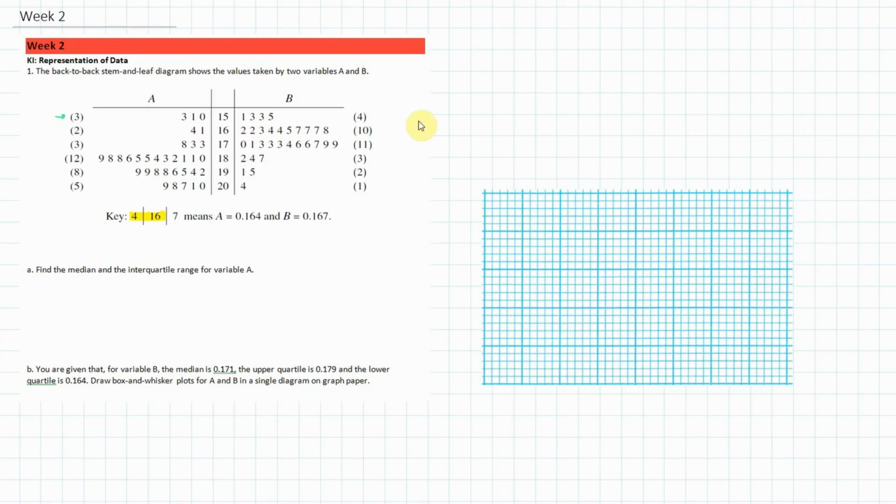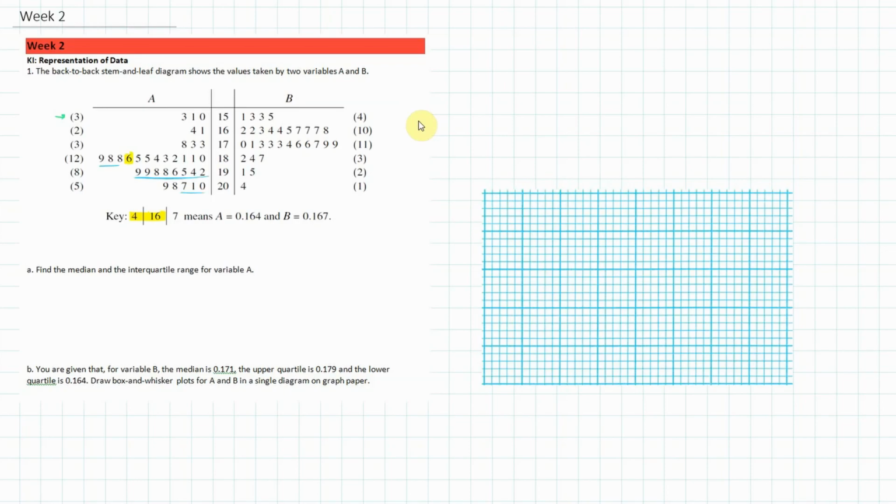So we can count down from the top. 3, 5, 8, and then 9, 10, 11, 12, 13, 14, 15, 16, 17. I think this is the 17th. So there should be 16 on either side. A quick check: I've counted up, so I'll continue to count up. I've got 3 here, and then 8 here, so that's 11.